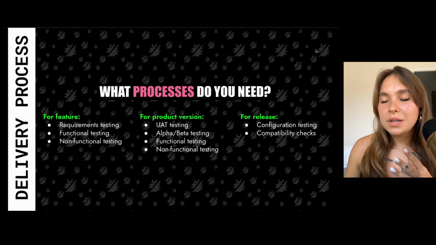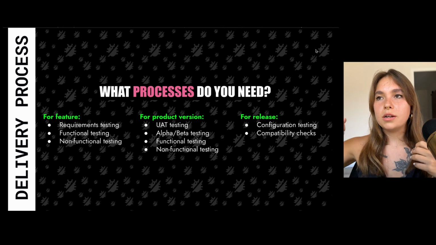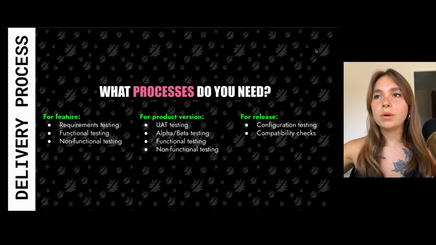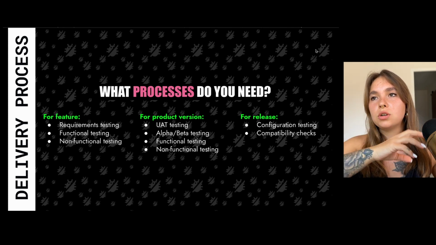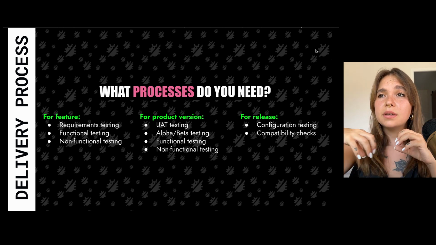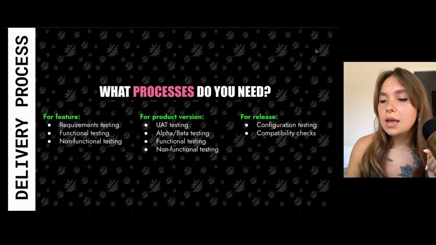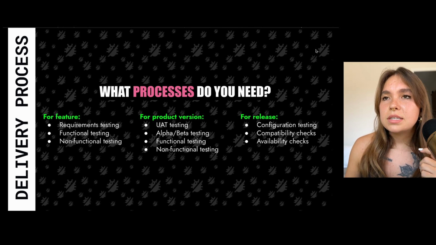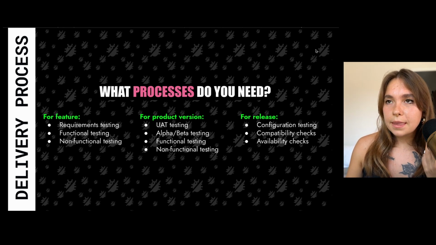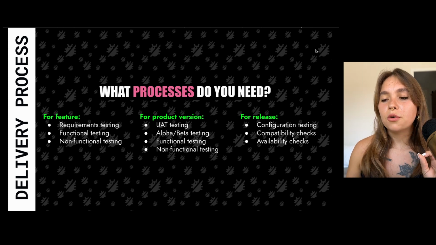Also compatibility checks. Sometimes, for example, if we have a lot of parts of our application, we can test each particular part independently, but after that we can realize that together they don't work. And availability checks also, and it's just a small number of the processes which we can follow.